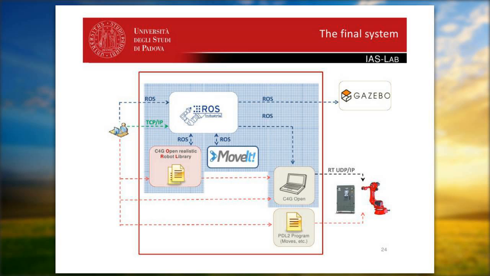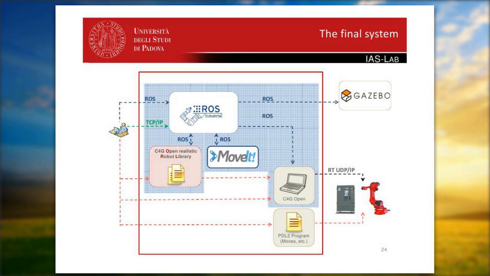Finally, now you can control both a real robot and a virtual robot inside the simulator. Precisely, we developed a plugin to control the robot inside Gazebo, but as you probably know, you can use the virtual model of the robot within any ROS compliant simulator, so Gazebo, but also, for example, VREP.